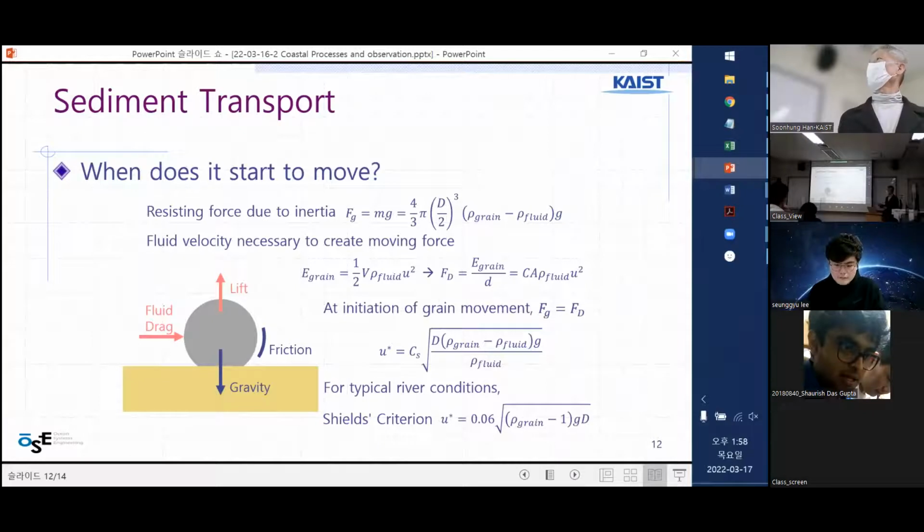Because of the resistance force with inertia, fluid velocity creates a moving force, and then there is initiation of grain movement. So there's a force equilibrium, and if one is bigger, then it stops moving, right? Same with the fluid drag, lift force, gravity, friction, and then force equilibrium there.